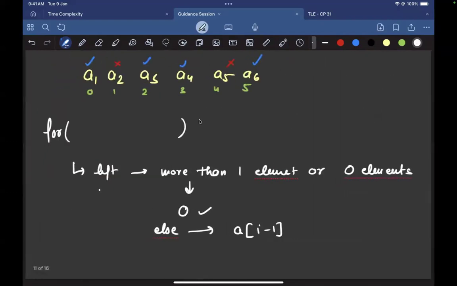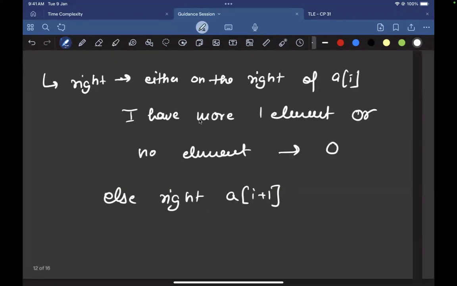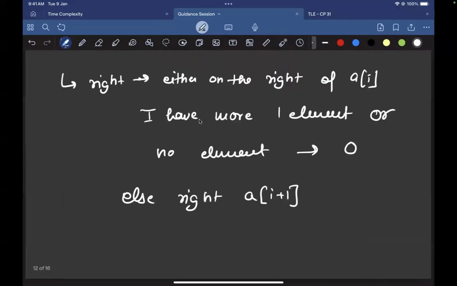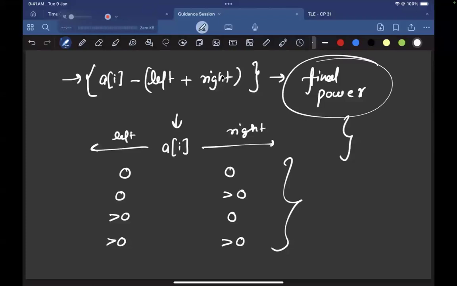Find a left half, find a right half. Possible left half can be 0 or just the previous element. Possible right half can also be 0 or just the right element. And from that, finally, subtract the sum of left and right half from this Ai number. That is the final remaining power. Out of all such final powers, take the maximum possible. Clear, guys?